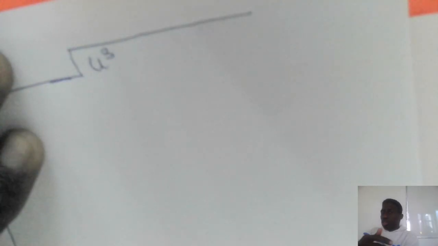I'm going to leave spaces in between u cubed and minus 1, because the spaces I'm leaving are for the term with the power of 2, the term with the normal power, and also the constant. If you look at polynomials: cube, squared, to the power of 1, and then the constant. Since the next thing that follows is a constant, it goes to the far extreme end, let's shift it. So we have u minus 1 here.